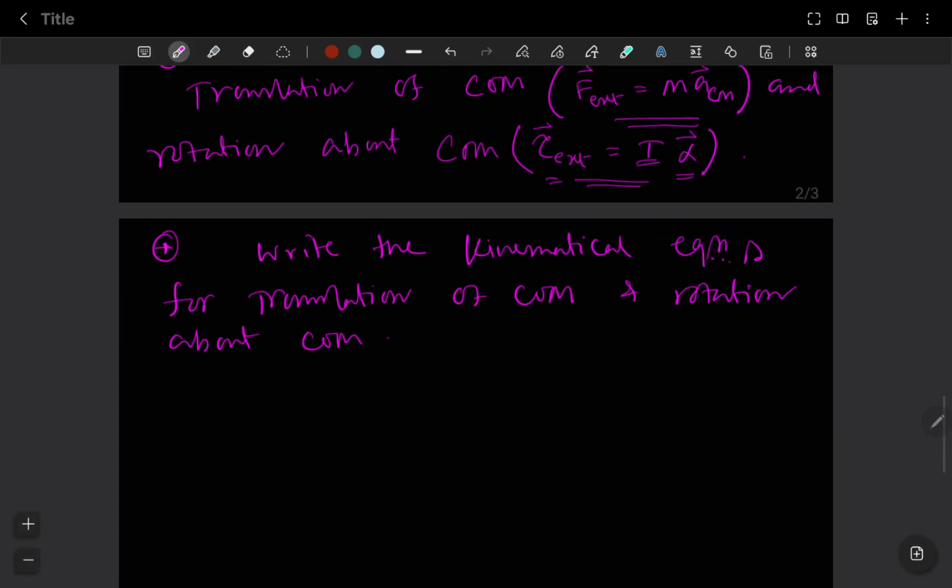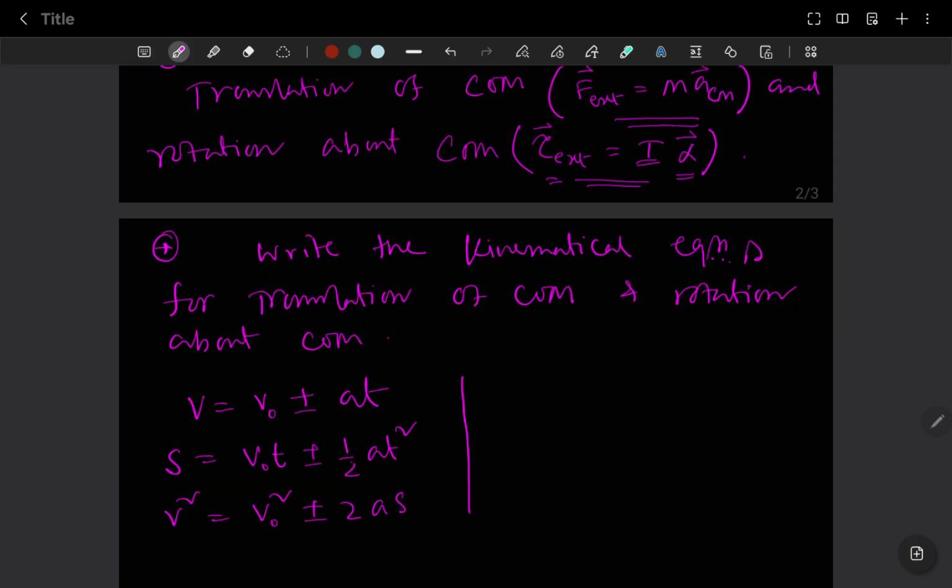We know for translation the equations are: v equals v0 plus minus at, s equals v0 t plus minus half at square, and v square is v0 square plus minus 2as. And the kinematical equations for rotation are omega equals omega 0 plus minus alpha t, theta equals omega 0 t plus minus half alpha t square, and omega square is omega 0 square plus minus 2 alpha theta.